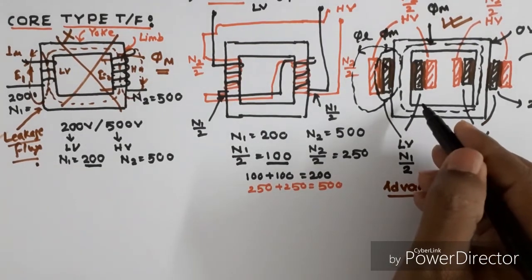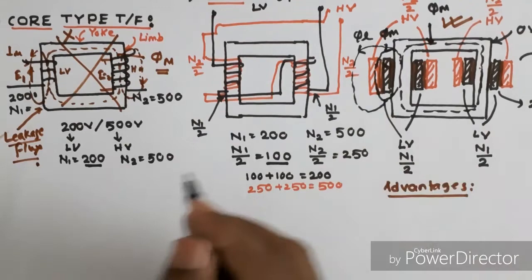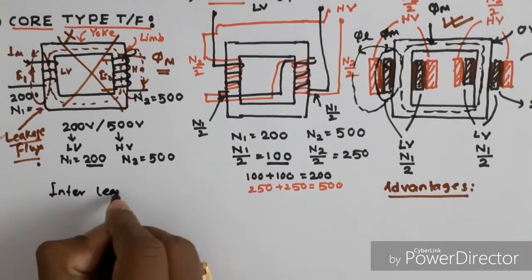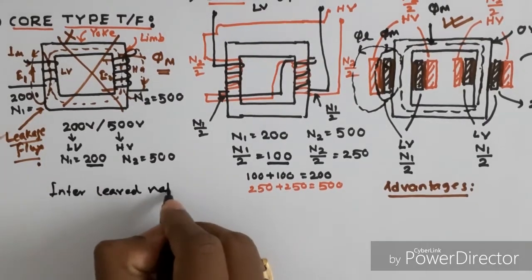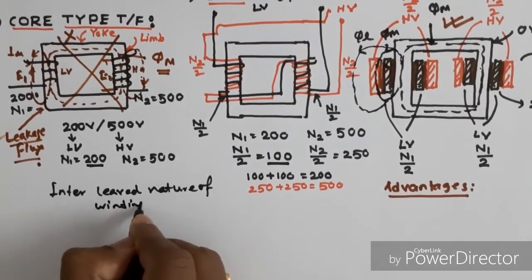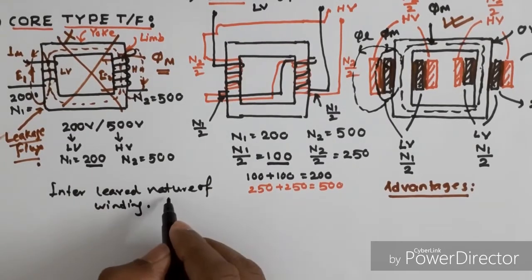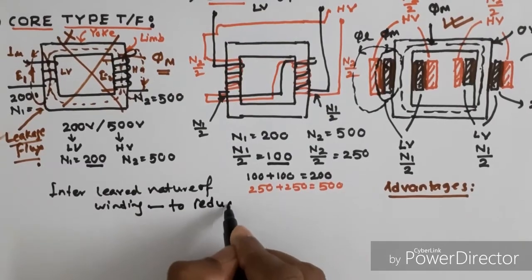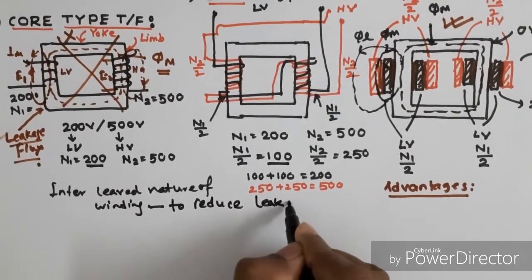This type of winding is called interleaved winding. Interleaved winding is used to reduce leakage flux.